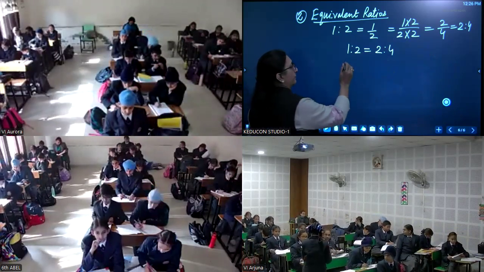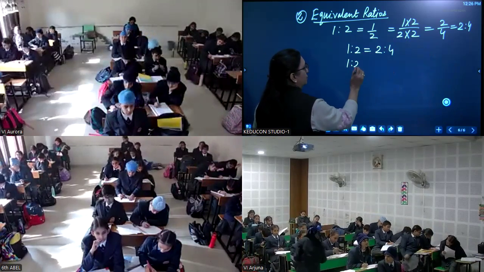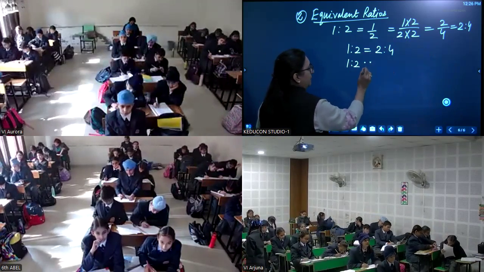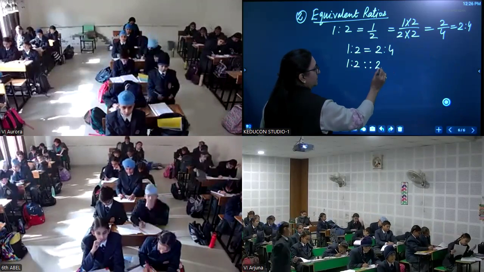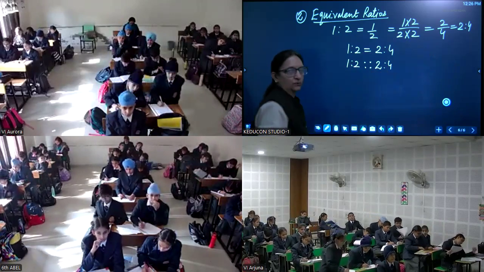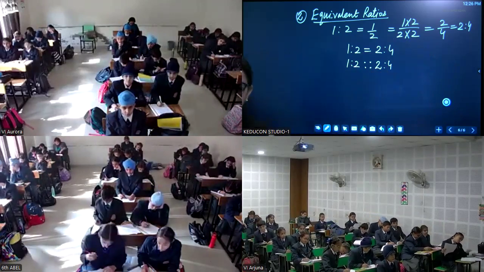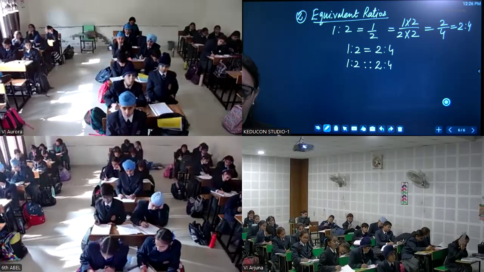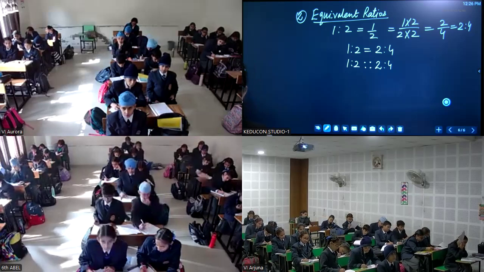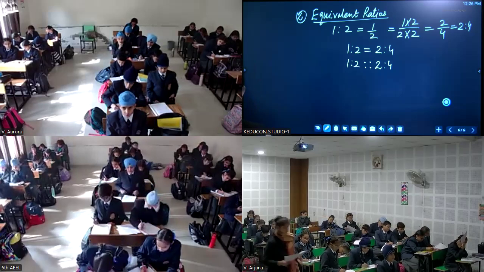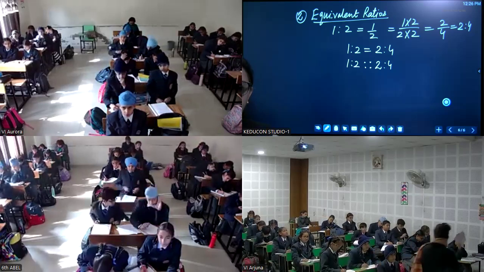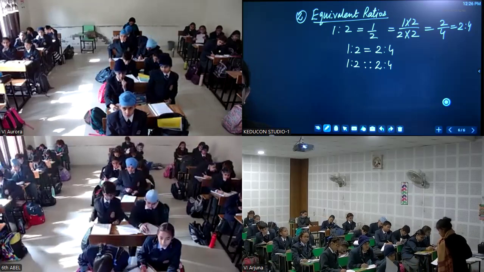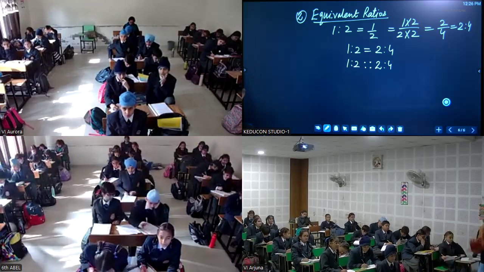Which again we can write as 1:2. Instead of the equal sign, we are putting four dots and writing 2:4. These are equivalent ratios. In the fraction chapter, you said these are equivalent fractions.